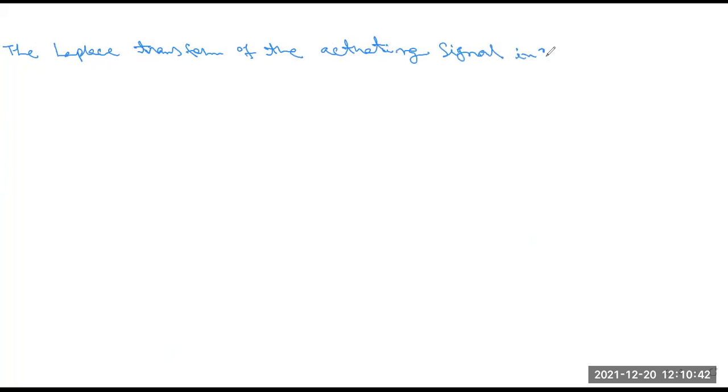Now the Laplace transform of the actuating signal incorporating derivative control.